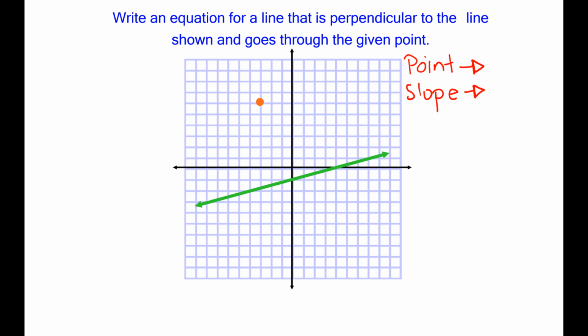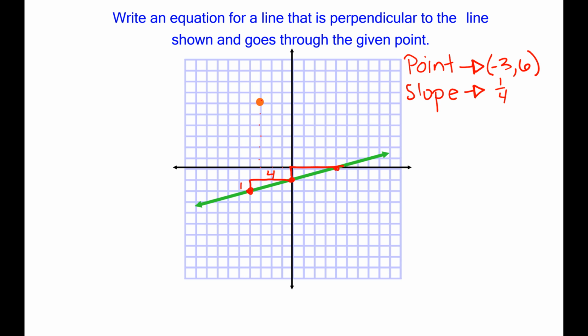If I look at this orange point, I'd be going negative 3 on the x, and then 6 on the y. So the point it's going through is negative 3, 6. Looking at my slope, here are the nice points. It goes up 1 over 4, up 1 over 4, and we're going positive. So my slope is 1/4.